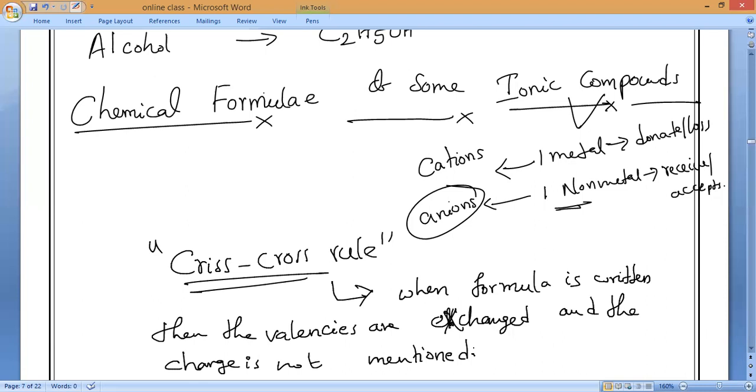Only that number we have to represent. Is it okay, guys? Charge is not necessary to represent. Only the valency should be exchanged. Is it okay, Hari? That's right. That is what you have to remember, all of it. Okay?